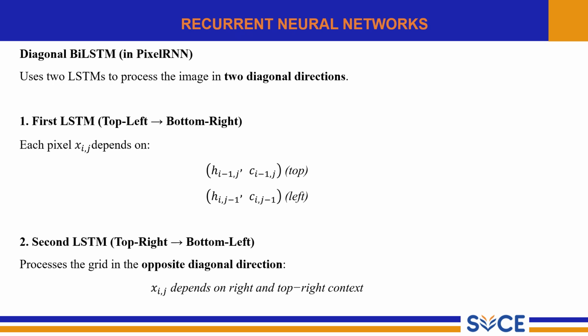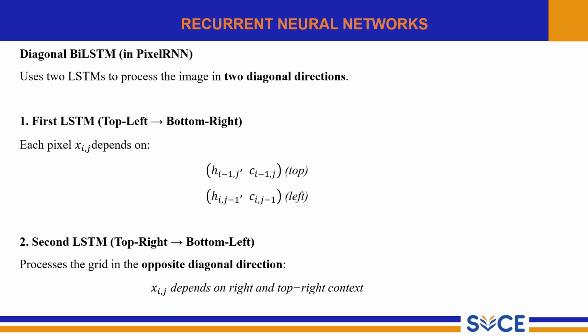These dependencies include both the hidden state h and the cell state c. So the pixel x_ij is influenced by h_(i-1,j), c_(i-1,j), the top context, and h_(i,j-1), c_(i,j-1), the left context. This means the model builds understanding using both vertical and horizontal past information simultaneously. By combining these two sources, the LSTM can effectively capture local spatial structure in the image.